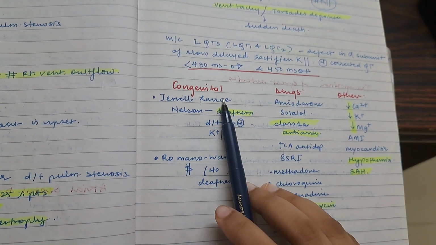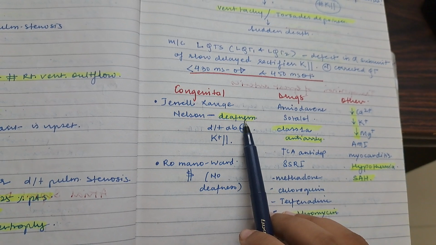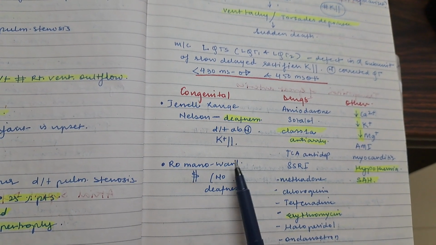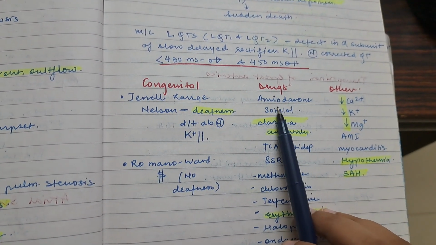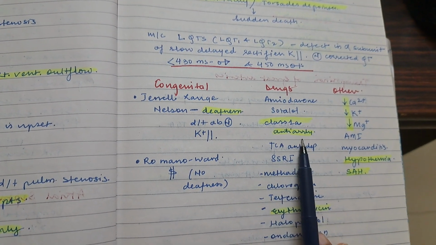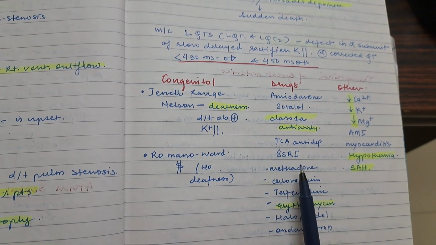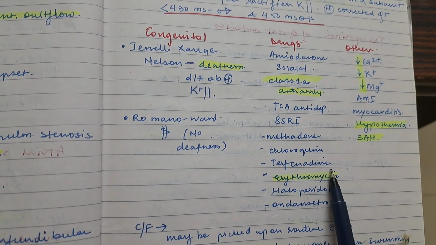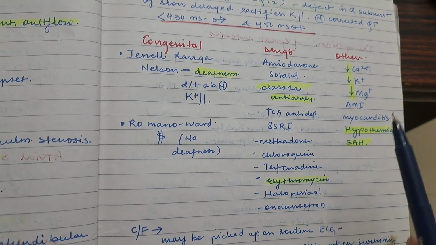So the congenital causes are Jervell and Lange-Nielsen. This will have deafness due to abnormal potassium channels. Romano-Ward syndrome has no deafness. Drugs include amiodarone, sotalol, class 1 antiarrhythmics, tricyclic antidepressants, SSRIs, methadone, chloroquine, terfenadine, erythromycin, haloperidol, and ondansetron.